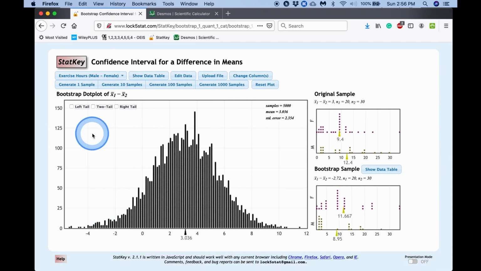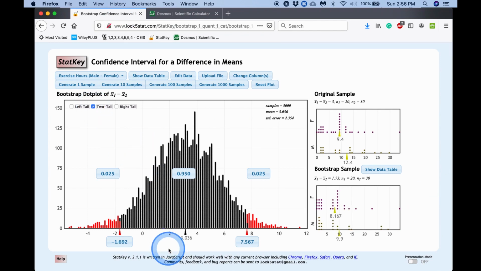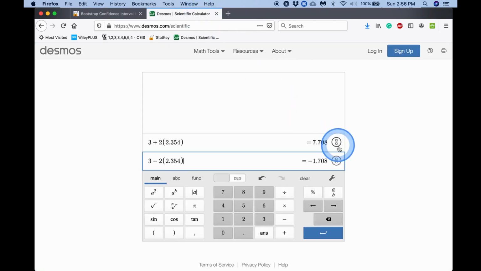And the other thing we can have StatKey do is simply carve out the middle 95% for us. And by this calculation, our 95% confidence interval will run from negative 1.7 up to 7.6. And you can see that that agrees fairly nicely with our calculation from our formula.